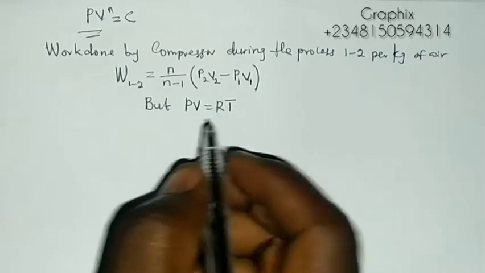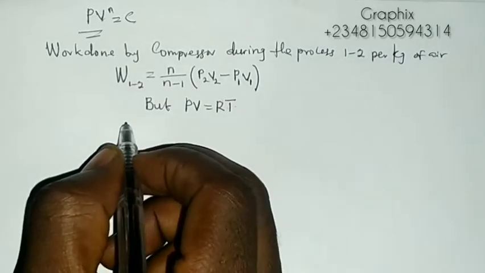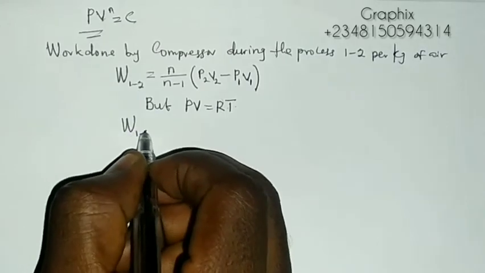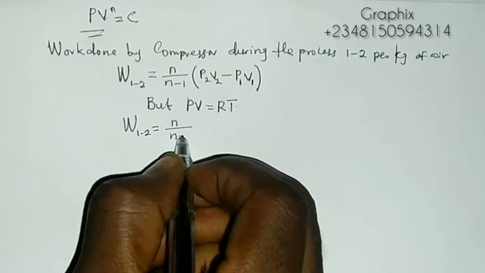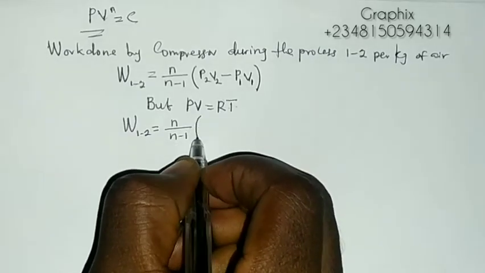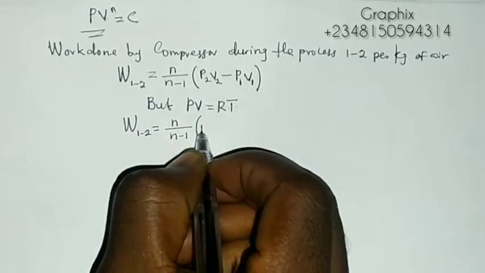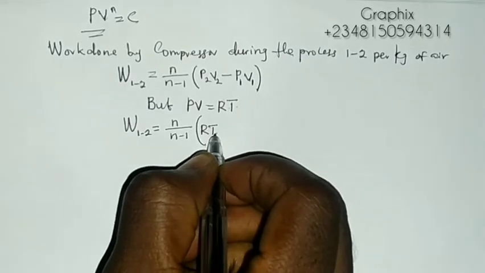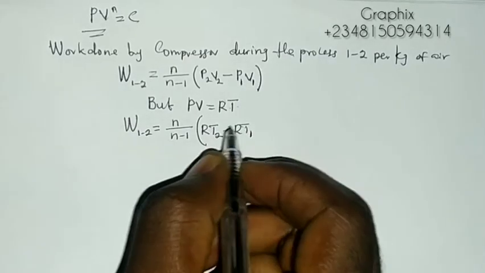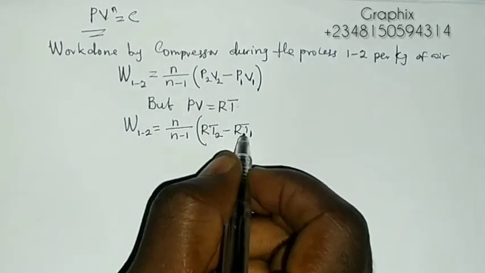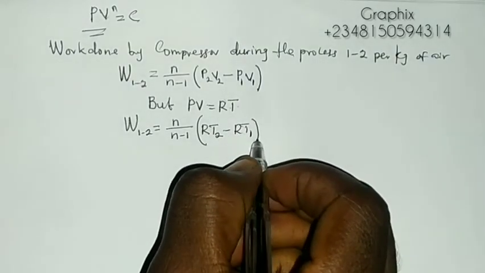So I will now have W1 to 2 equal to n all over n minus 1 into brackets, and instead of this I'll put in RT2 minus RT1. I'm not attaching any subscript to the R because it is a constant, right?